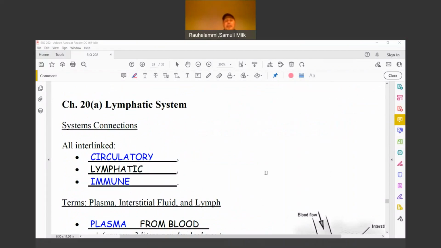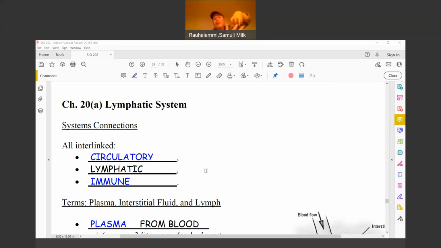I'm not saying that the lymphatic system and immune system aren't important, but there is a little greater emphasis on the first two chapters. When we look at the lymphatic system, one thing that we'll notice is that it relates nicely to many other chapters that we have discussed. So first of all, it was this complementary system that caught the fluid that leaks out from the cardiovascular system.